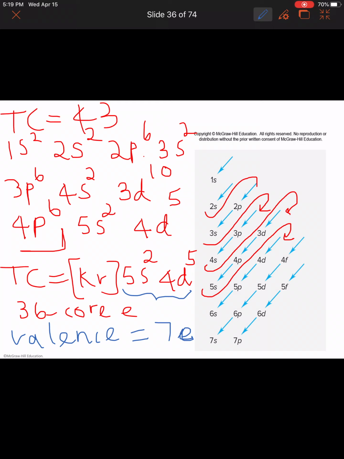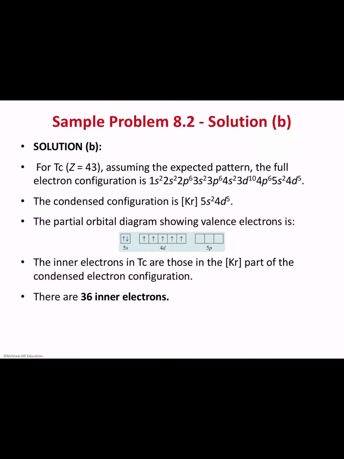So 5s2 and 4d5 are going to be your valence electrons. So this is the solution for technetium. The condensed electron configuration is given in the partial orbital diagram. So you can see 5s2, 4d5.